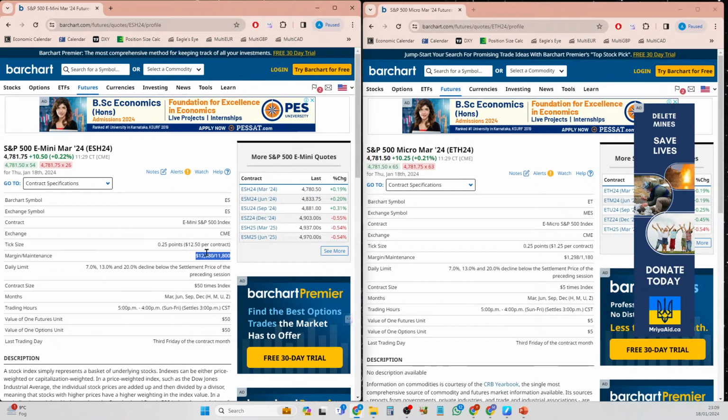So at least $12,980 would have to be there in your account for you to be able to buy or sell one contract over here. But when it comes to a micro contract, all your account needs is $1,298. If you have this much, you can buy one micro.